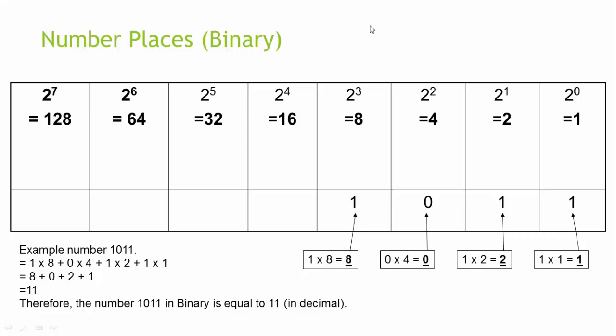And so in binary, the number 1011, if we convert this to decimal, we have to first convert each one of the digits to its decimal equivalent, then add them together. So we have an 8, plus 0, plus 2, plus 1. So the number 1011 in binary is equivalent to 11 in decimal.